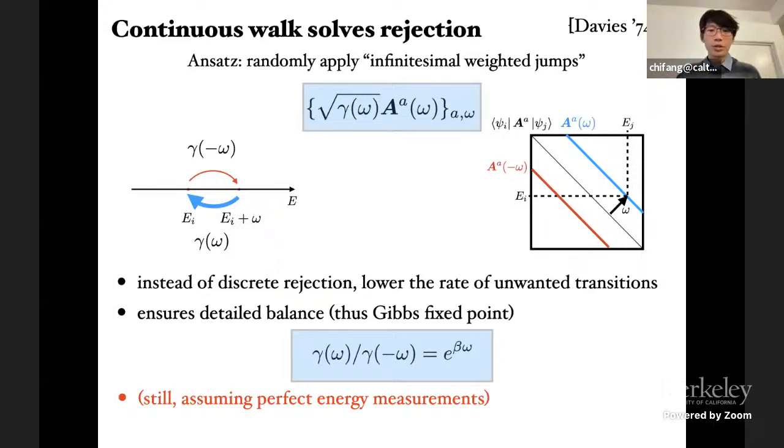In particular, you can choose these weights to satisfy detailed balance, and that guarantees the fixed point is Gibbs. So the point of this slide is that if you have continuous time, somehow things are better. You don't have to worry about the rejection step in discrete Metropolis.